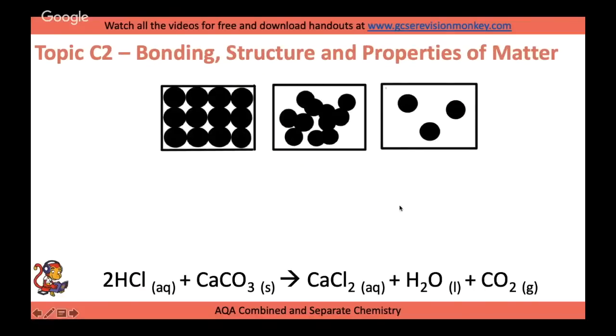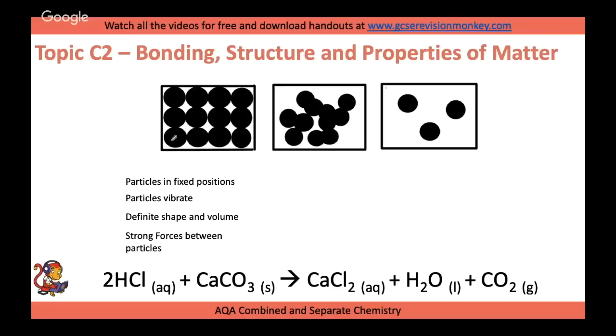Okay, I'm not going to go through this in detail, but I'll put the information on the slide and you can go back to it later on, but it could well be a 6 marker. It comes up in physics and chemistry. It's talking about the structure in solids, liquids and gases. So fixed positions vibrating for a solid take up a definite shape. In a liquid, as you add more energy, they move.